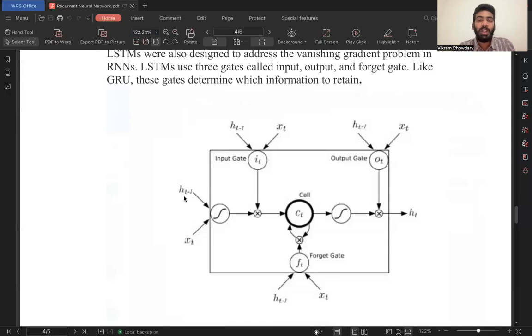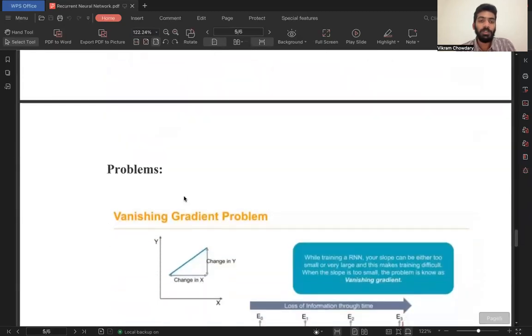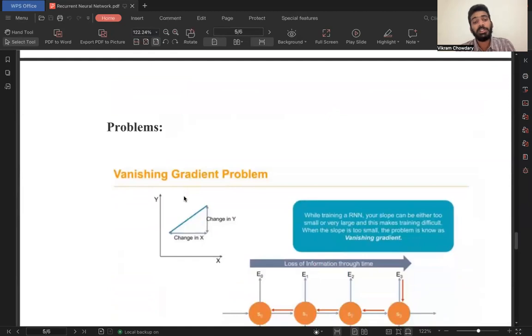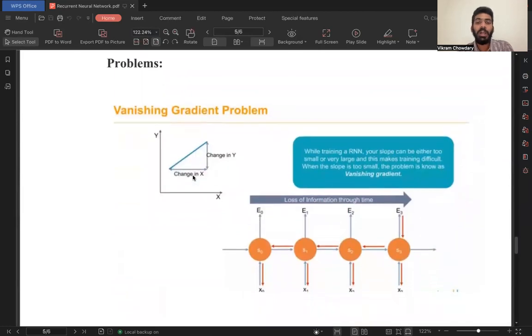And there are several challenges that RNN has and ways to solve them. The most common issues with RNN are the vanishing and exploding gradient problems. The gradients refer to the errors made as the recurrent neural network trains.